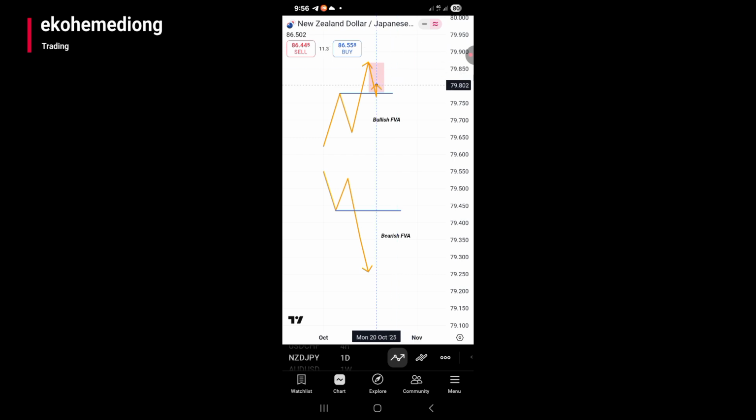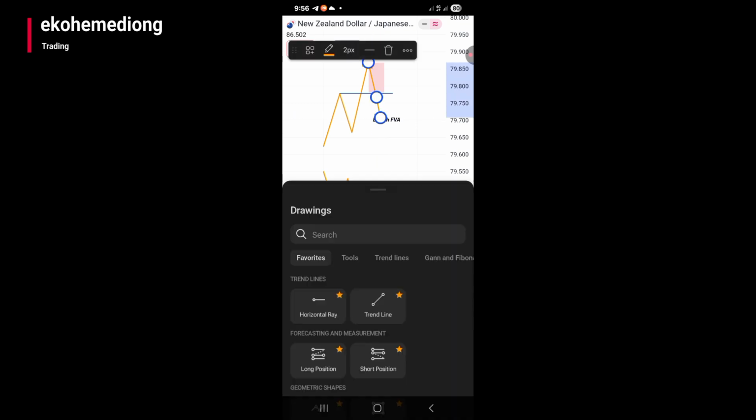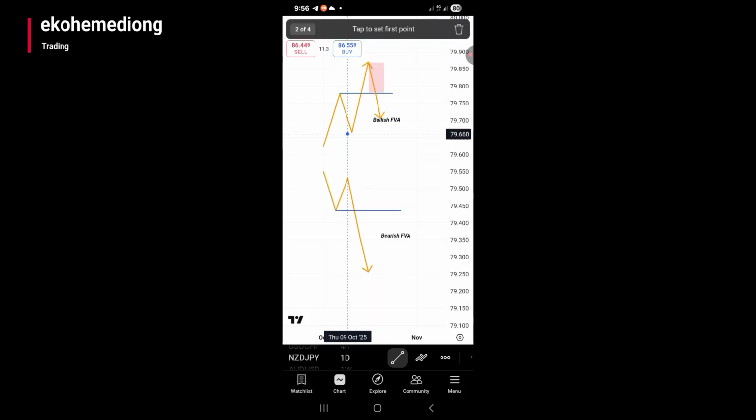What I'm trying to say is that if its intention was to offer fair value, it will sting into this fair value area, then continue. It won't disrespect this fair value area. But if it disrespects this fair value area, that means the intention was to seek liquidity, and the liquidity is at this low right here.